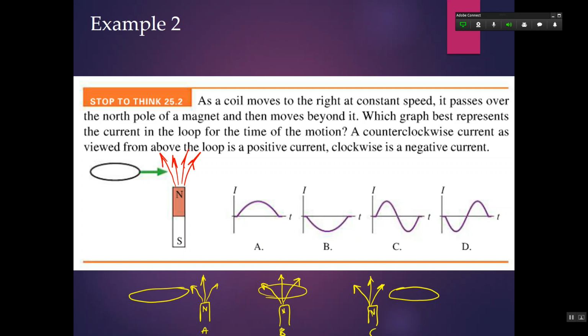Up, that means you're going to have an induced current down, right? So you're going to have a B induced downwards. And if you have a B induced downwards, which direction is the current going to be? Clockwise. So if we were to graph it, it's either going to be B or D, all right? So A and C are now totally out of the question, right? Because a clockwise current is negative according to the problem here.